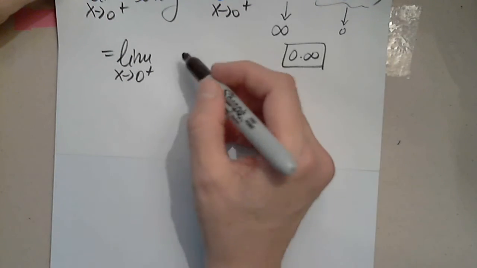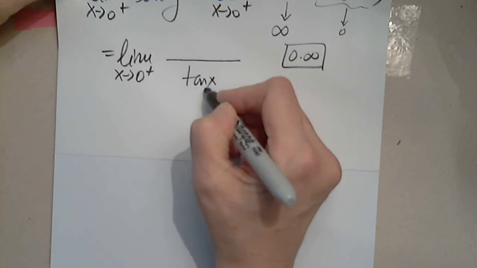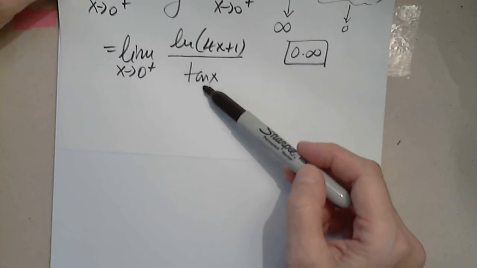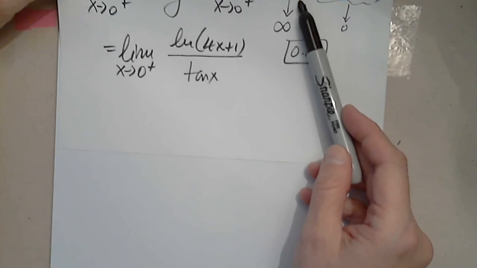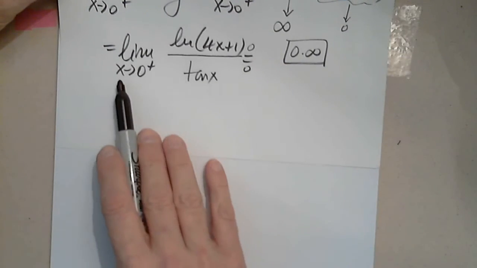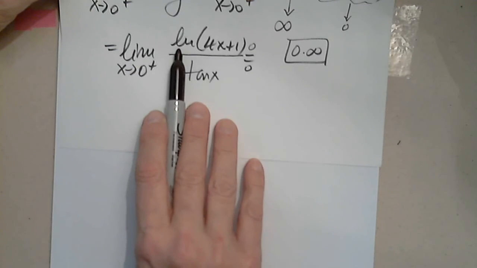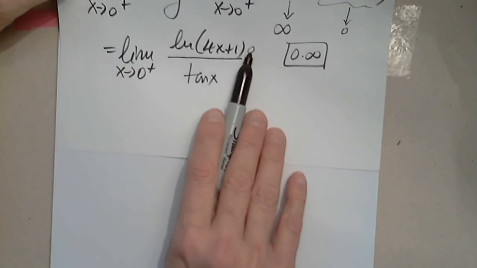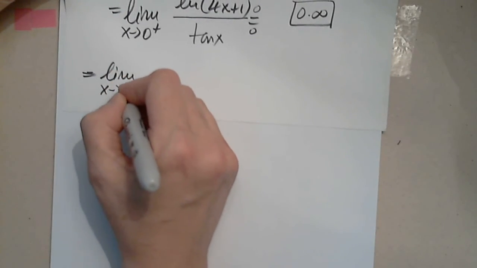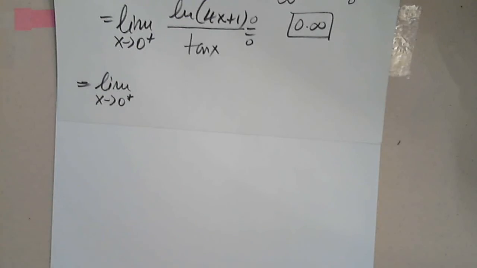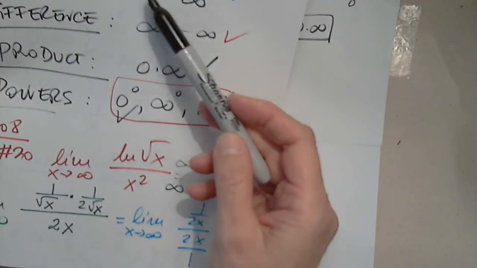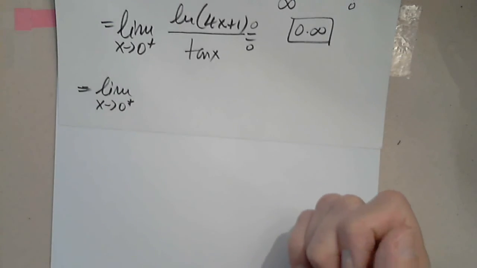I'm going to change this into 1 over tangent. So 1 over tangent is cotangent. Now we are in business because this is 0 over 0. Tangent 0 is 0. Natural log 0 is 0. Natural log 1 is 0. So then we apply L'Hopital's rule. So notice that the power, again, the power situation went through the product situation to the L'Hopital's rule cases.